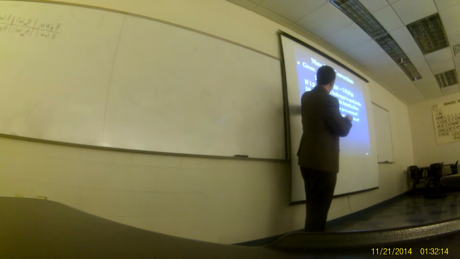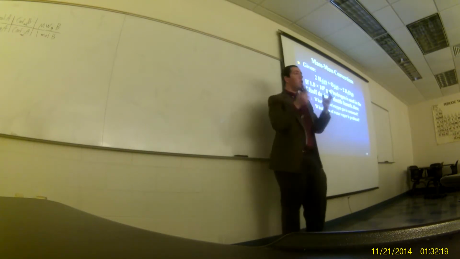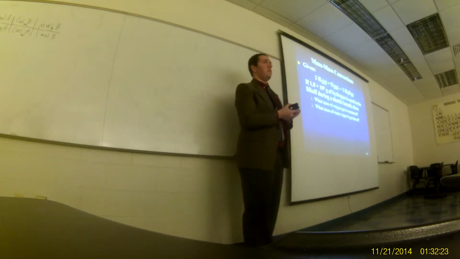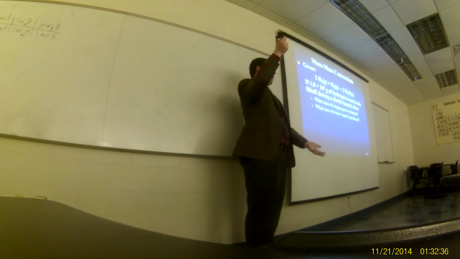It says what mass of oxygen gas is consumed, how much oxygen is going to react, and then how much water vapor is produced. If you've ever seen a space shuttle take off, whether on TV or in person, what comes out the back? It looks like a giant cloud, right?